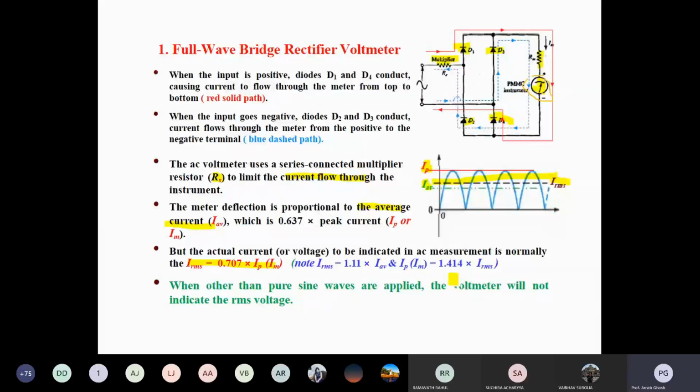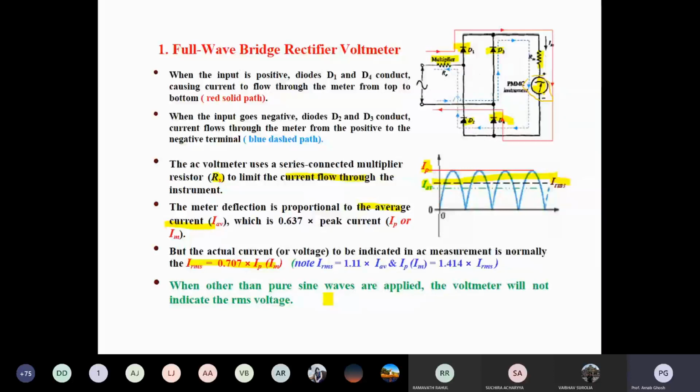I think all of you have done basic electronics, so everything was discussed in your basic electronics book. The direct formula has been used over here. When something other than a pure sine wave is applied, the voltmeter will not indicate the RMS voltage.